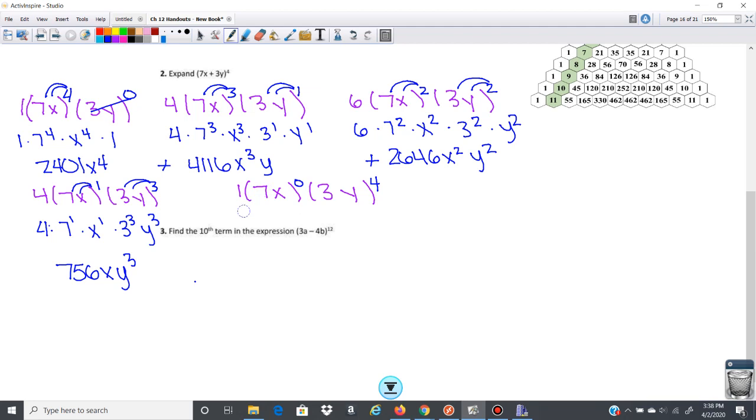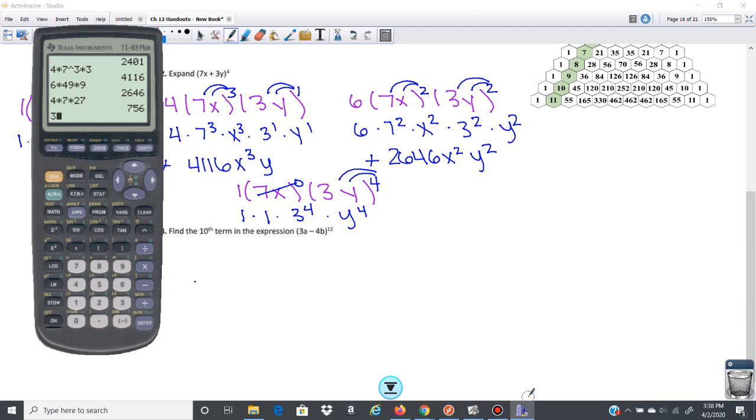And then here you've got 1 times 3 to the 4th, y to the 4th. So 3 to the 4th is going to be, let's see here, I think that's 81. 81 y to the 4th there.